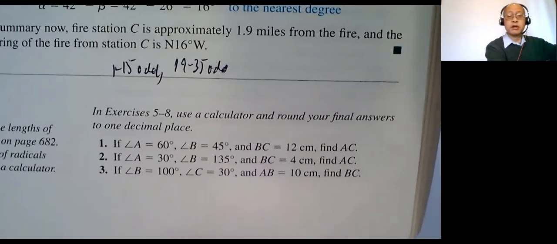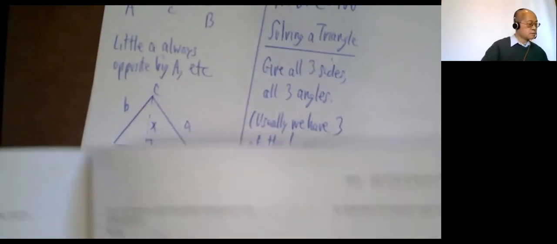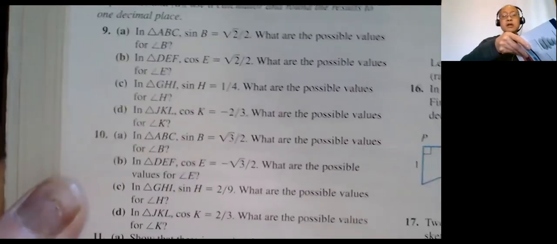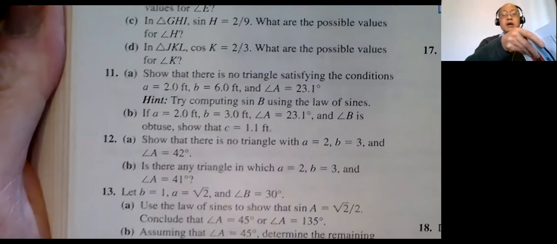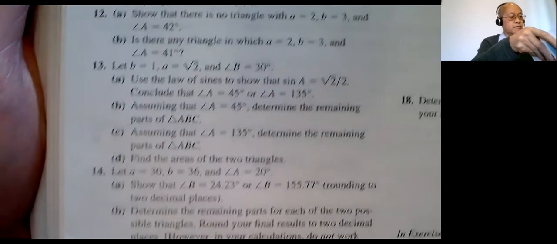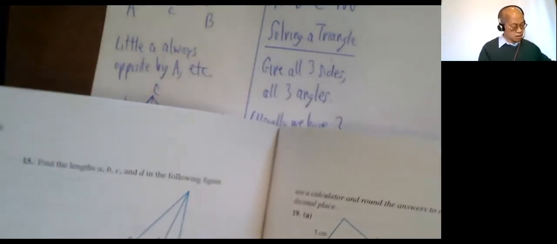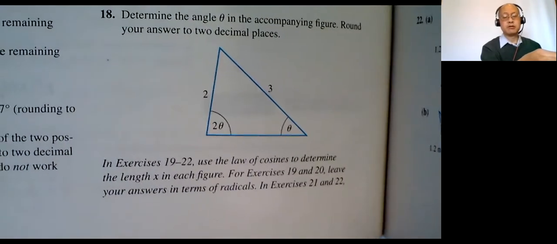There's problem 1 and 3, 5, 7, 9, 11, 13, 15, and then, okay, directions at the bottom, there's the law of cosines, which I have to show you later.